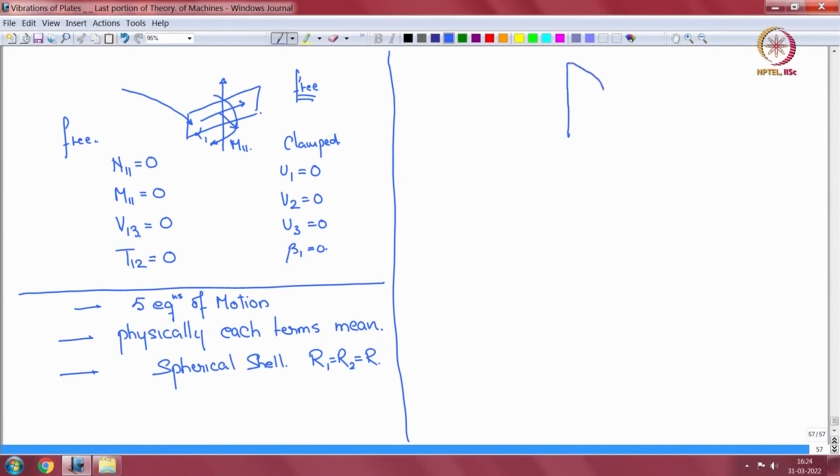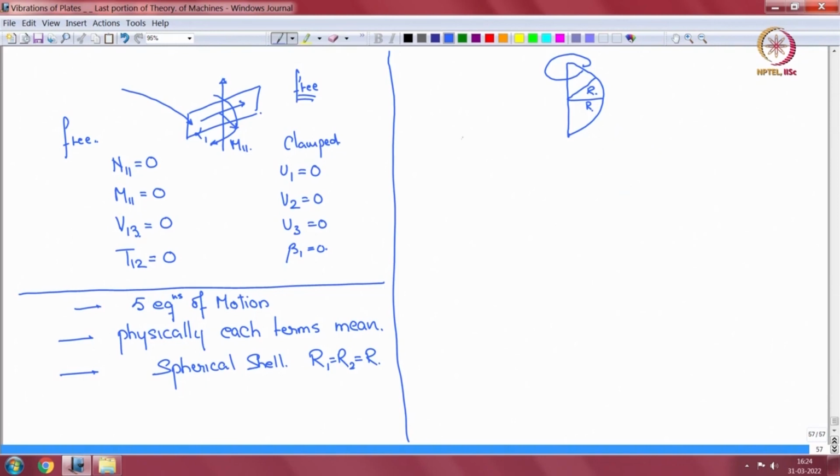I take a meridian. What is the radius of curvature of the meridian? R. Then I rotate it around this axis, I get a sphere. Then any normal to this intersects the axis at R. That is the second radius.